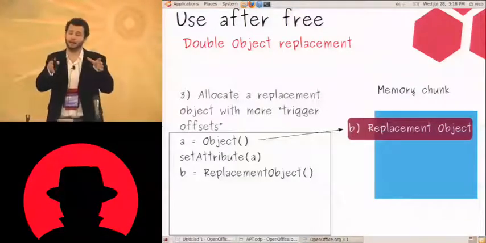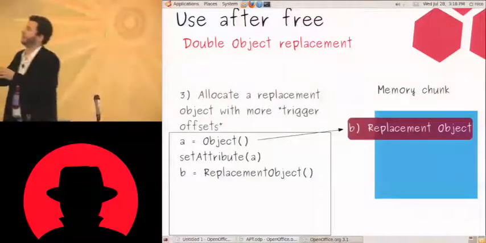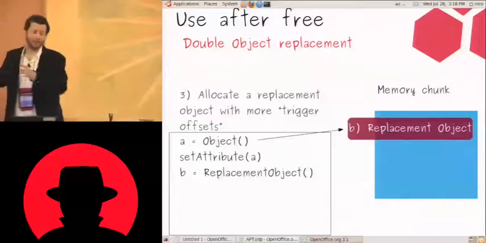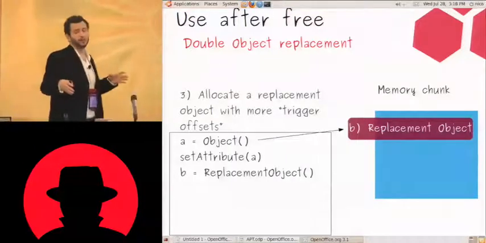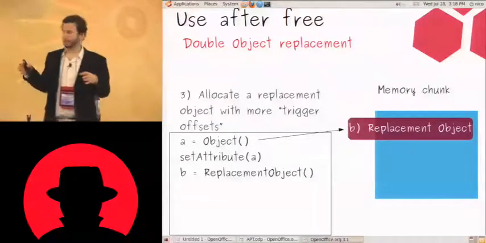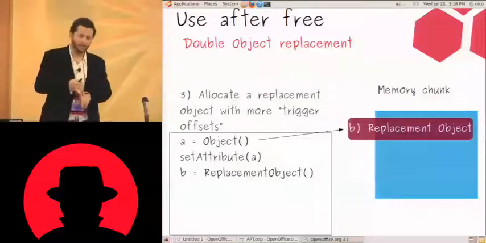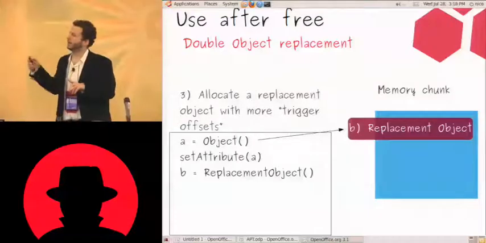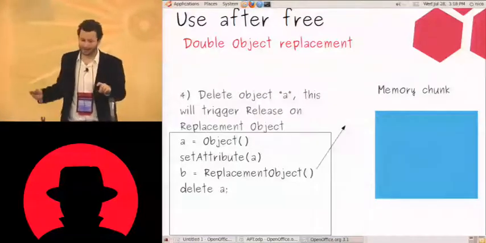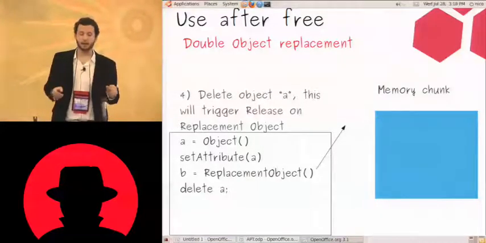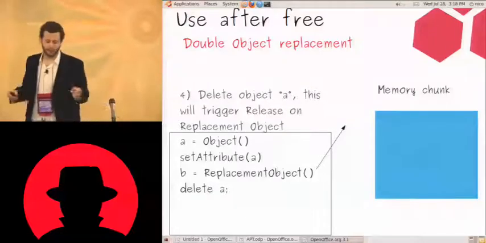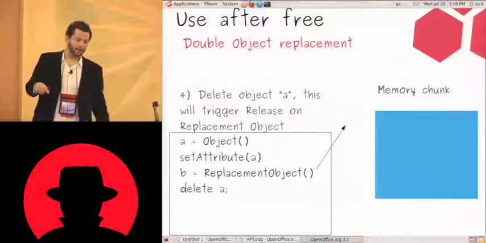It has to be the same size. That allocates some memory and replaces the original object. And basically we have A now pointing to the object, and obviously B. So what you do is you do a delete A in order to actually delete the replacement object.